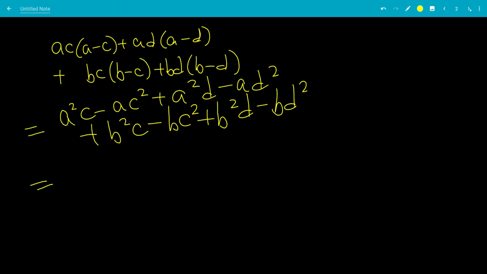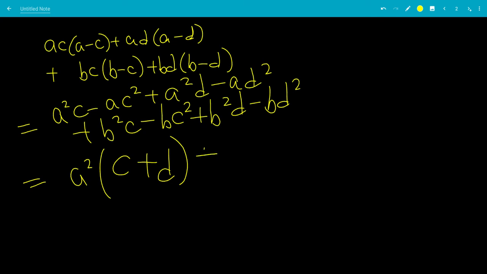So in the first case, we have, let's say, a squared, and now we want to factor something with a squared out, which would be c plus d, and nothing else has a squared in it. And then we're going to factor something out with b squared, so I'm going to cross the things I already used. So b squared will be c plus d again.